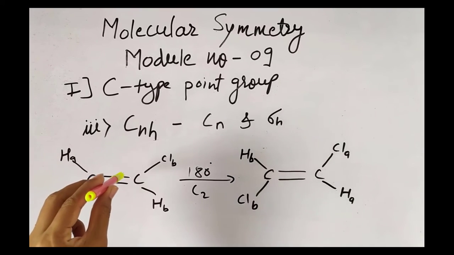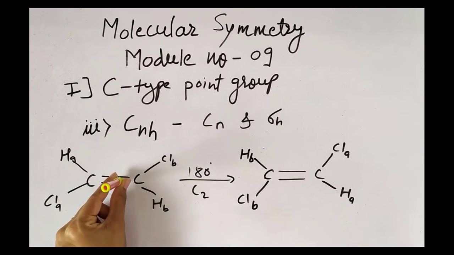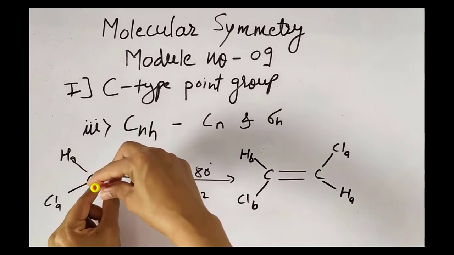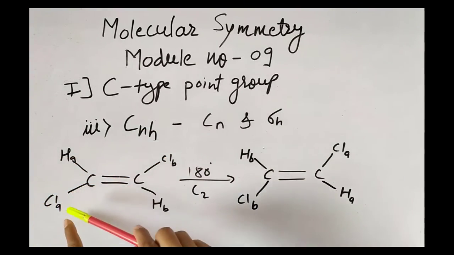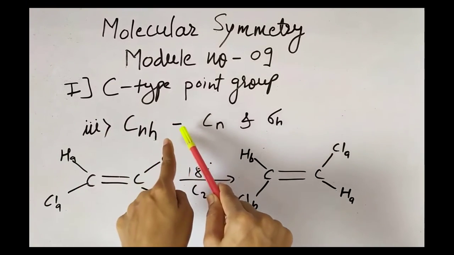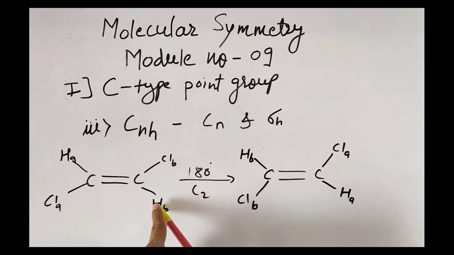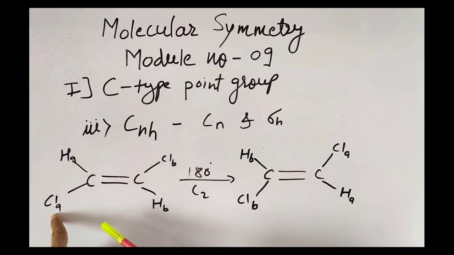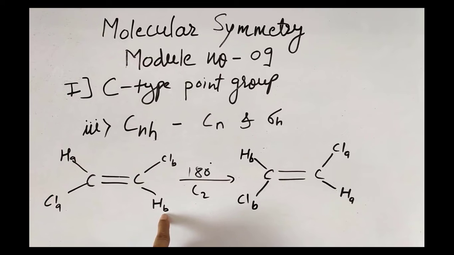Then you pass the principal axis through this molecule, passing through this double bond, and when you rotate the molecule clockwise by 180 degrees, this chlorine completes its half circle and this hydrogen completes its half circle to reach here. I have abbreviated this chlorine as A and this chlorine as B, and this hydrogen as A and this hydrogen as B, in order to distinguish these atoms.